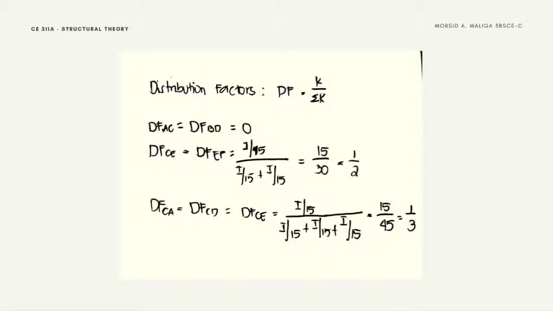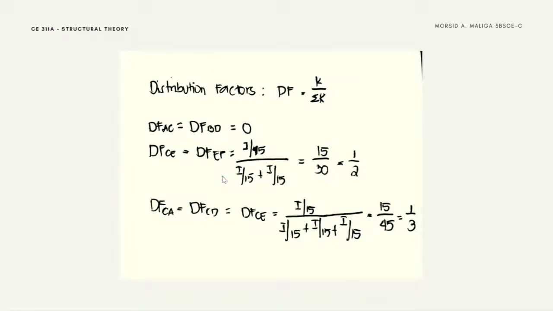So for our AC at BD, same lang yan siya ng value, and since it is fixed na siya, ibig sabihin ang distribution factor natin doon is 0. So ayan, ito 0.